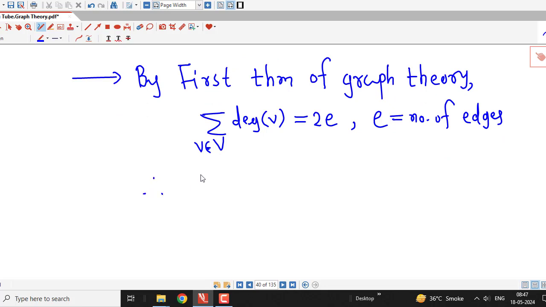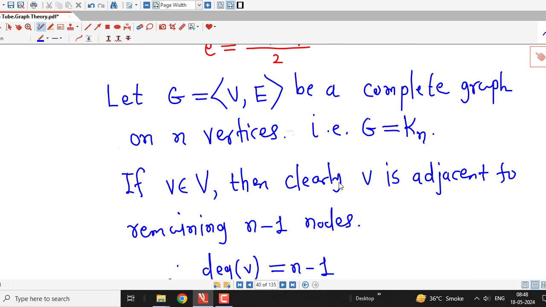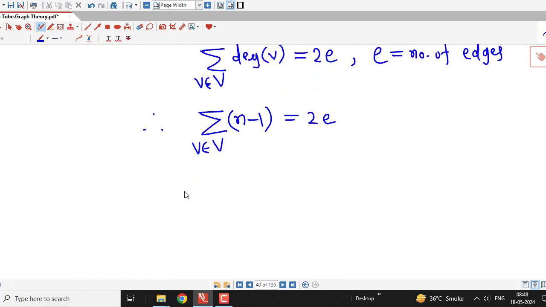This means if I have n vertices, and because the graph is complete, I know that the degree of every vertex is n minus 1, and we have n vertices. So we have to add n minus 1 n times, because there are n vertices and the degree of each vertex is n minus 1.